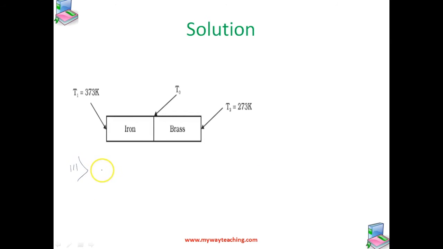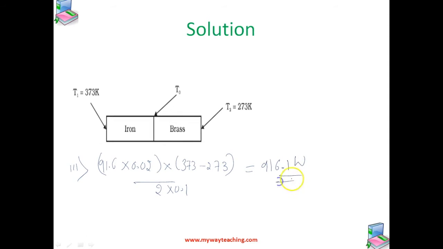And the third part, the heat current through the compound bar, that is H, is 91.6 into 0.02 into (373 minus 273), that is 100, by 2 into 0.1, which gives 916.1 watt.